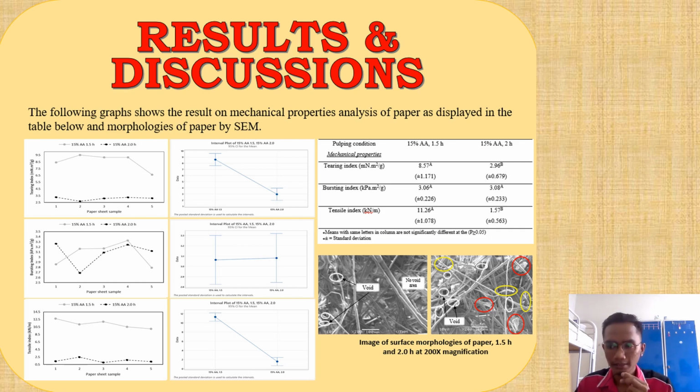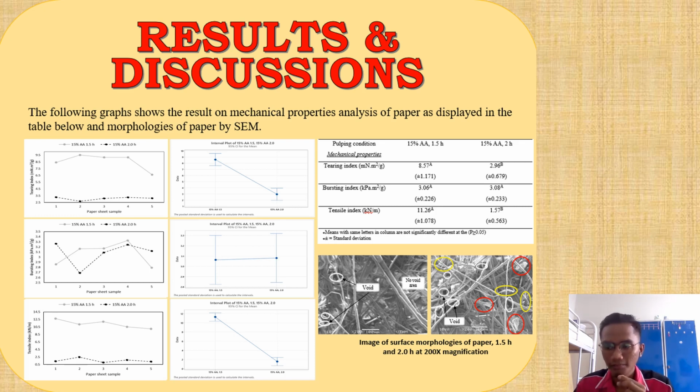As can be seen in the picture, for sample 4 of 1.5 hour and 2 hours cooking time, the bursting index was high as the fibre bonding may be accumulated at that area that was tested. When the tensile breaking strength of two papers is equal, usually the one with the greater stretch has the higher bursting strength.